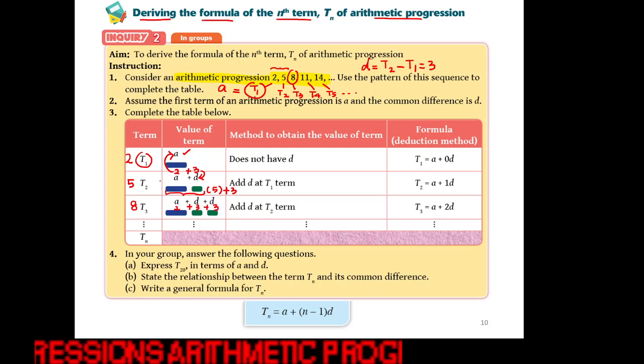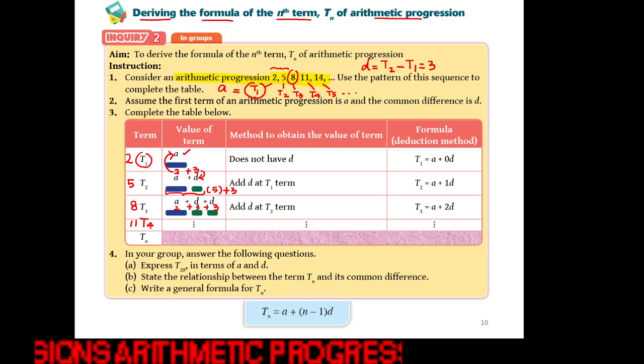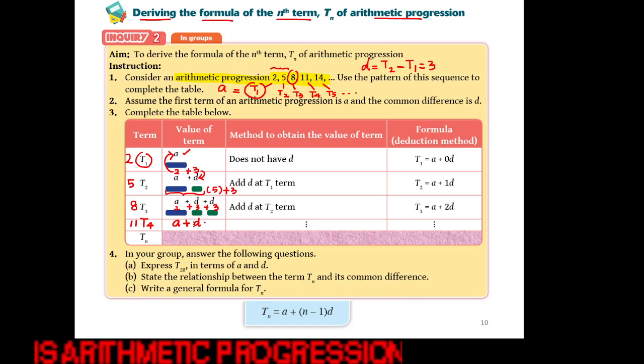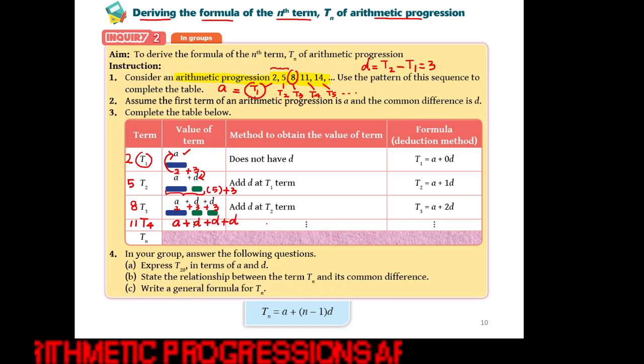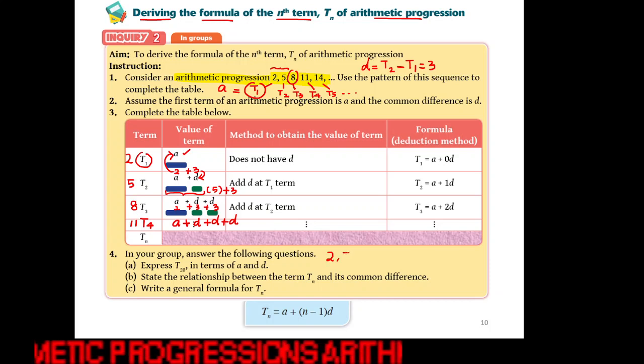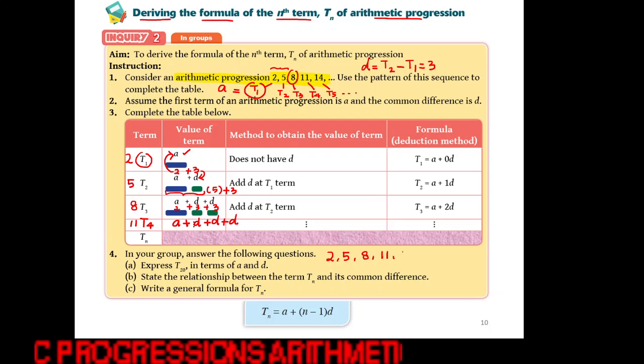What about the fourth term? 11 here. T4 is actually A plus D plus D plus another D. Let us illustrate further. 2, 5, 8, 11, 14.